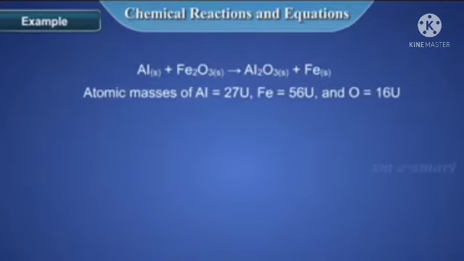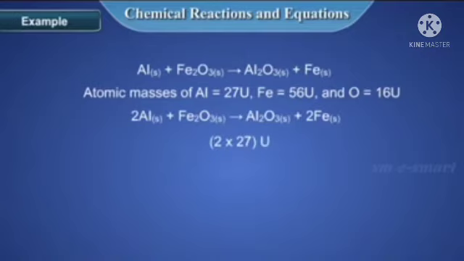We know that the atomic number of oxygen is 8, mass is 16 unified masses. 2 aluminium plus ferric oxide gives rise to aluminium oxide plus 2 iron.